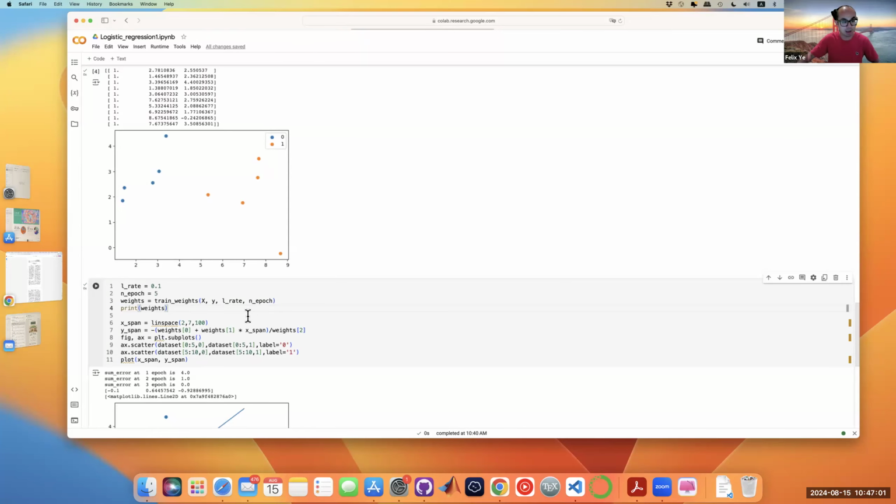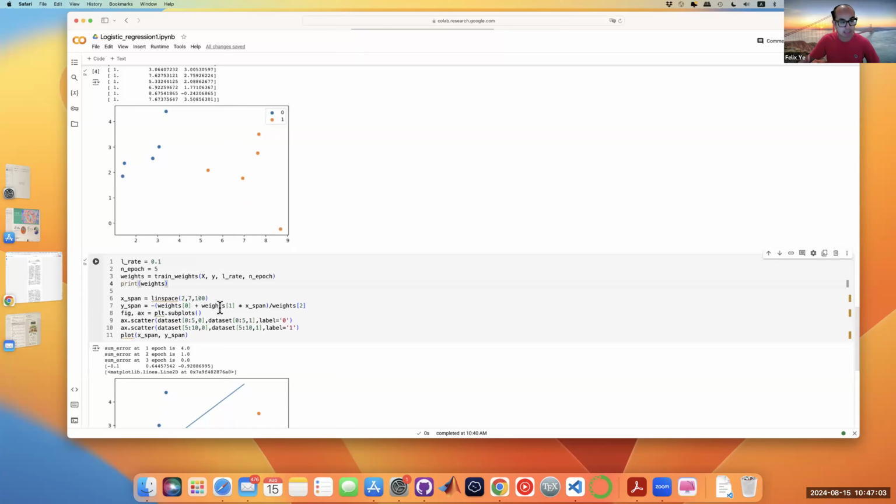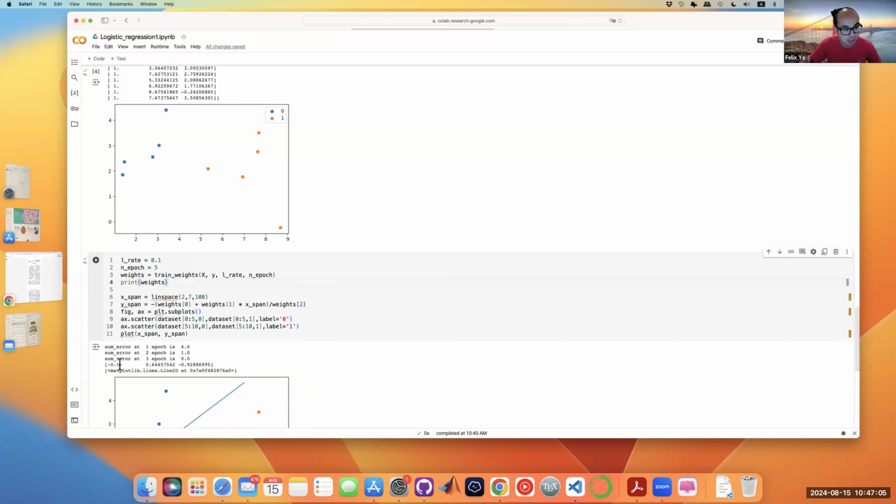So we train our weight. And you can see right here, after 3 epochs, the sum of error gives you 0. We print out the weight, so this will be your weight. What does that mean? That indicates we found a line that can perfectly separate the blue points and orange points.